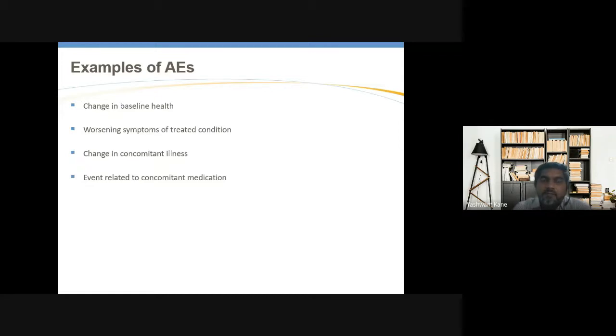That's a change in the baseline health. Suppose I have taken the paracetamol, but my headache is going worse. Worsening of the symptoms treated is also a change. I have taken the drug, but the condition is worsened.